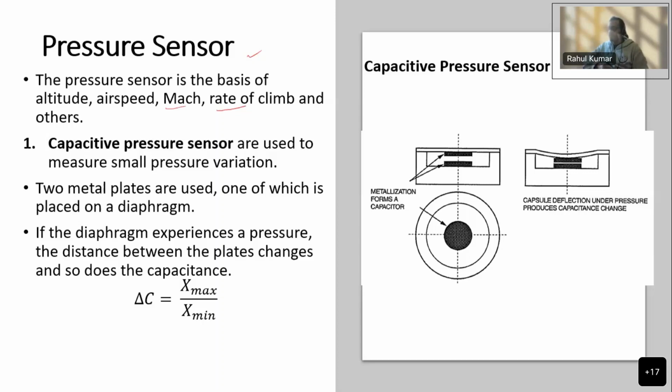The first type of pressure sensor is the capacitive pressure sensor, right? In the figure you can see it consists of two metal plates.